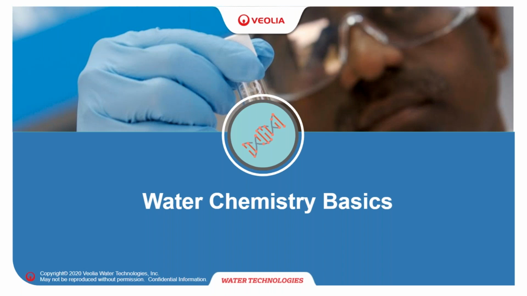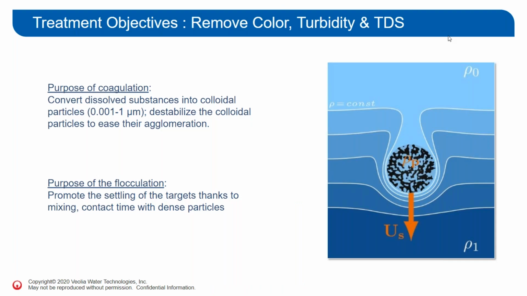So the water chemistry of the Actiflo is really the foundation on which a lot of the things are built. So I'm going to go over a few points. The purpose of the coagulation is really to convert the dissolved substances into colloidal particles and start to destabilize them so that the agglomeration and ultimately the settling is eased.